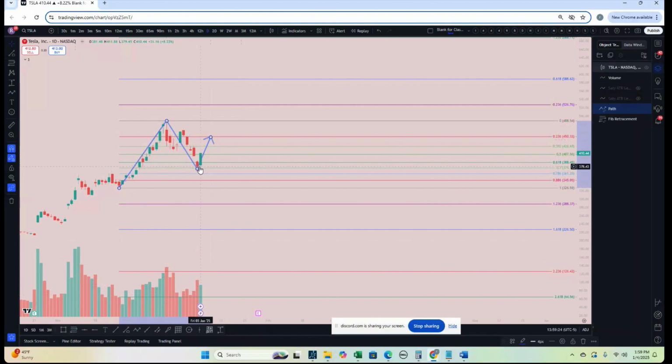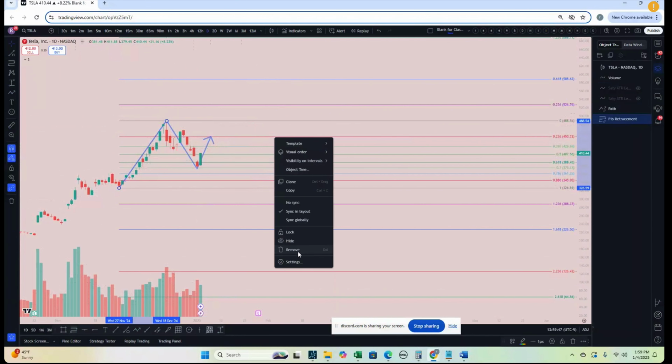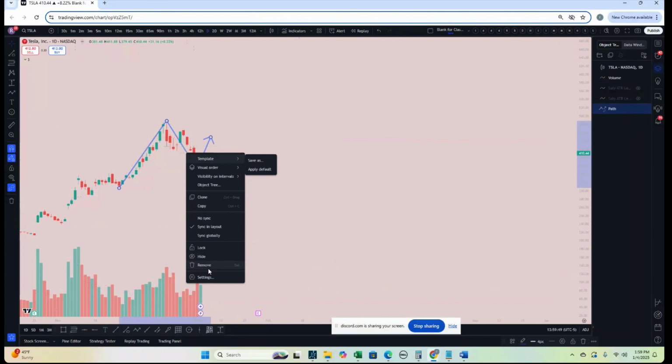Now, 0.236 from 375, 80 points, or 75 points, 76 points. That's a pretty good move on Tesla. 2 to 3 week contract. Now, if you believe in the move down, right?